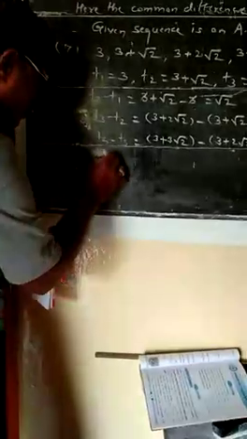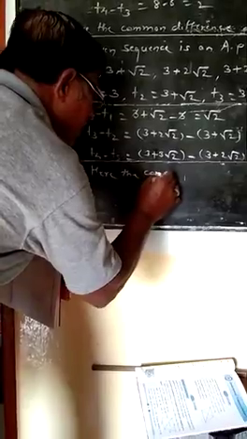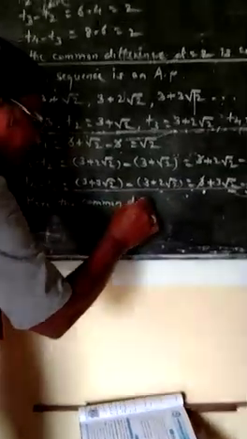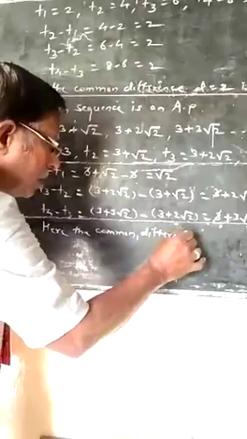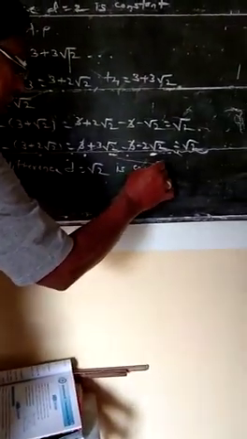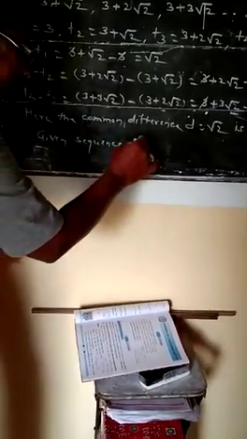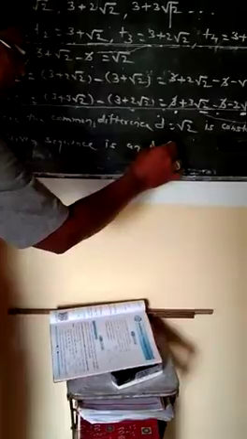Here the common difference d is equal to root 2, which is constant. Therefore, the given sequence is an AP. See your next question. The remaining examples you try to solve.